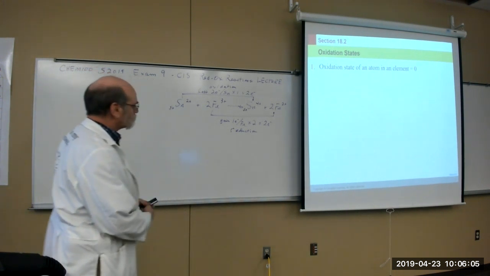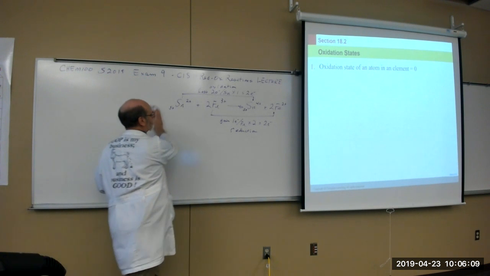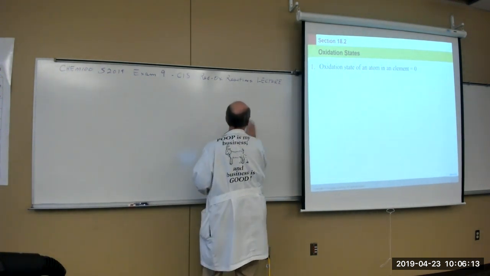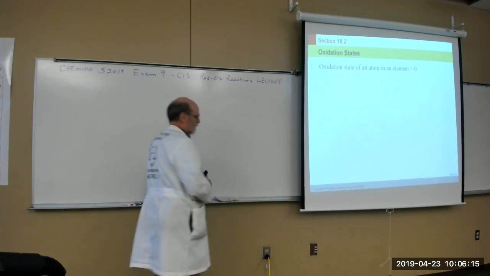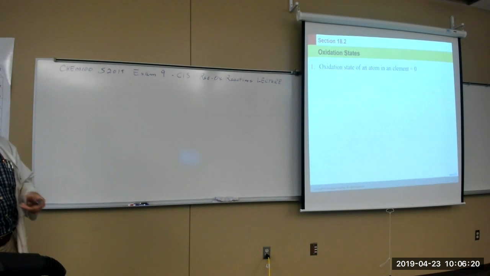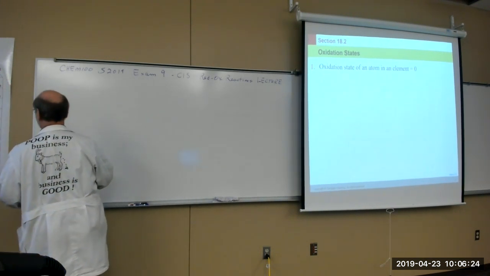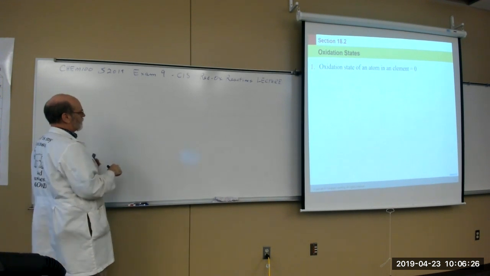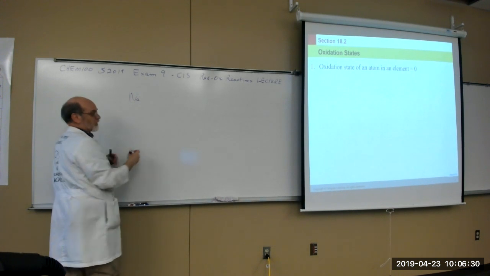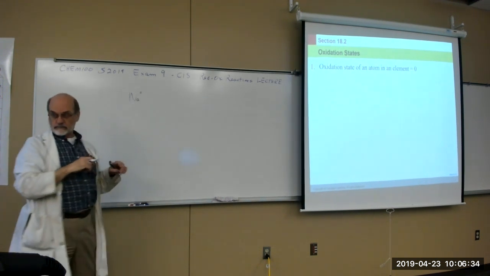Okay. The oxidation state of a pure element is 0. Under standard temperature and pressure conditions, the oxidation state would be 0. So an example of that would be any of the metals, just the symbol, like sodium. So its oxidation state would be 0.